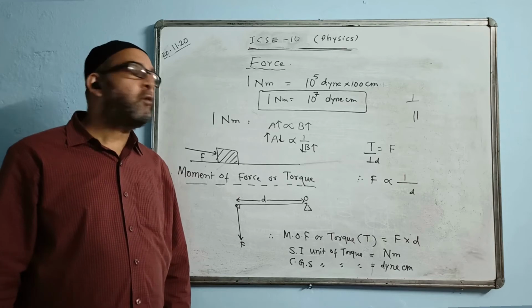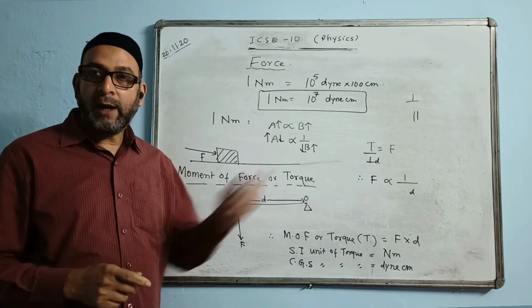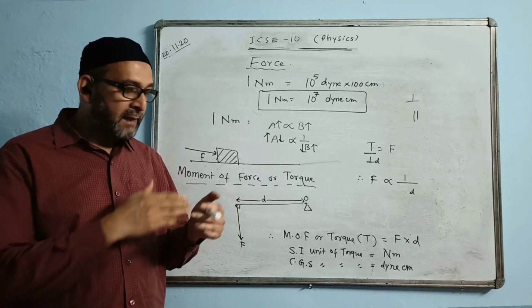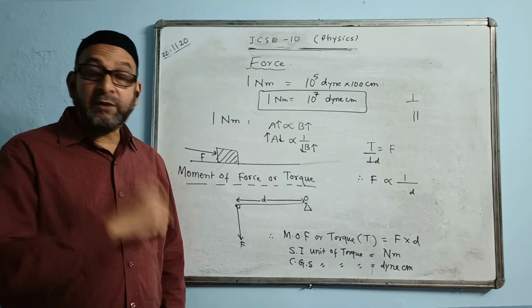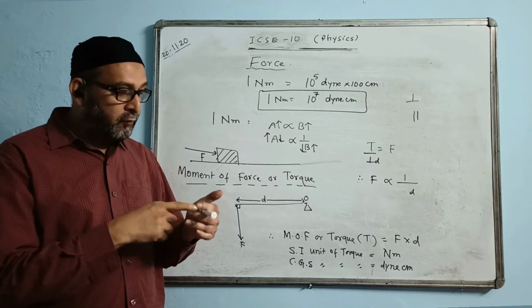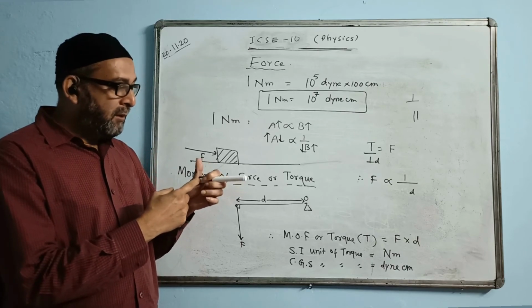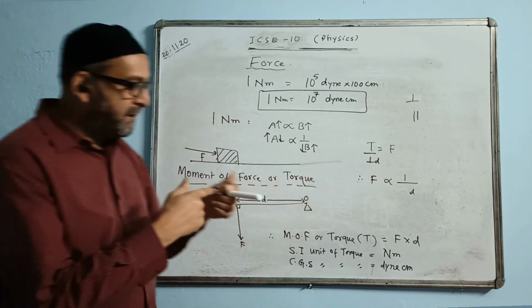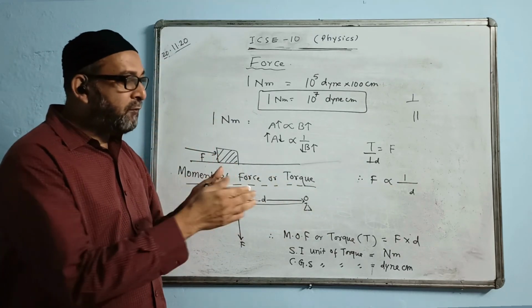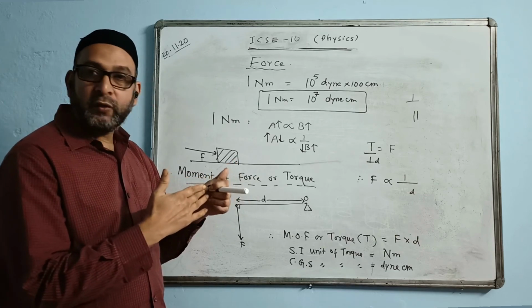Very often they ask a question like this: why is the handle in a door placed at the edge? At one side of the door we place the handle. Why? The reason is we are increasing the distance. This value of D, when you place the handle at the edge, you are going for the maximum distance of the line of action of force.